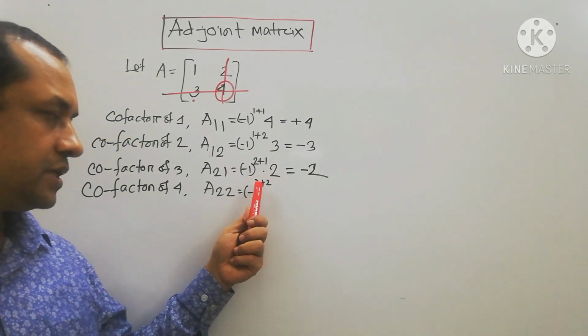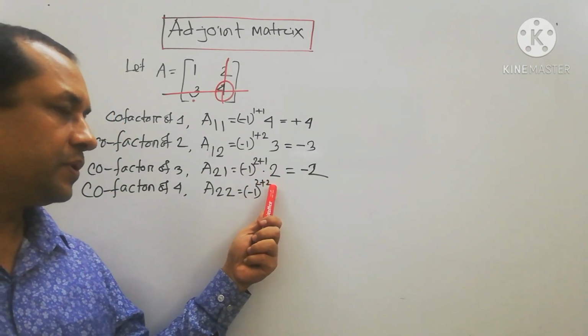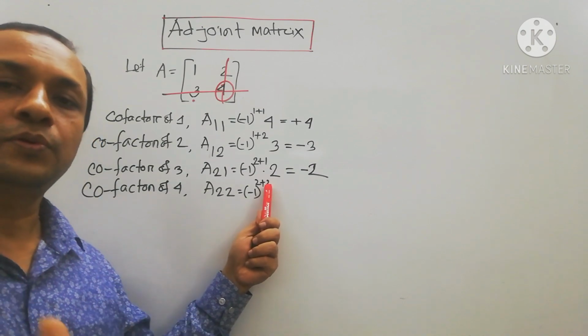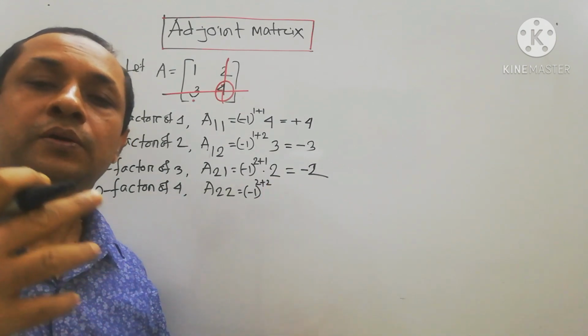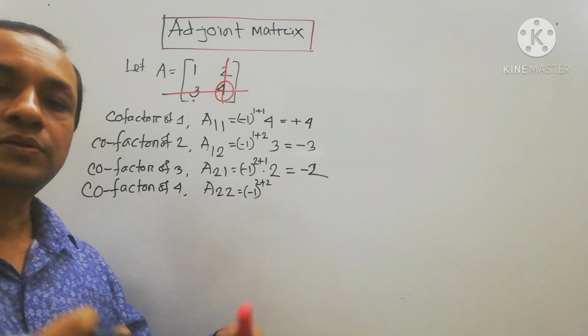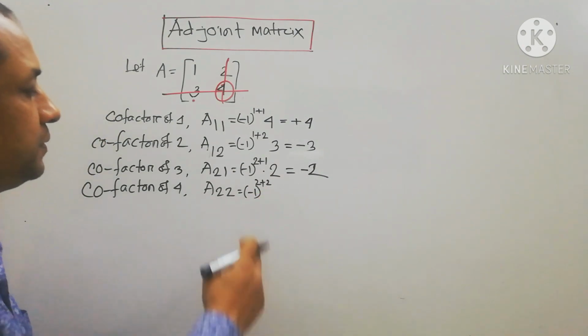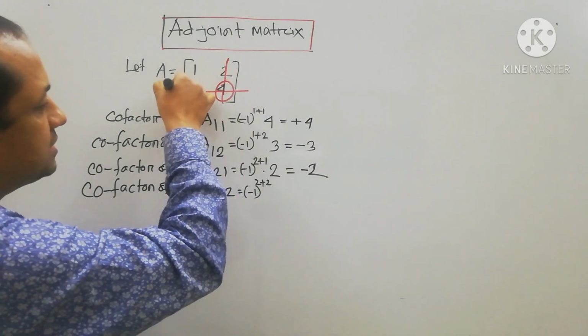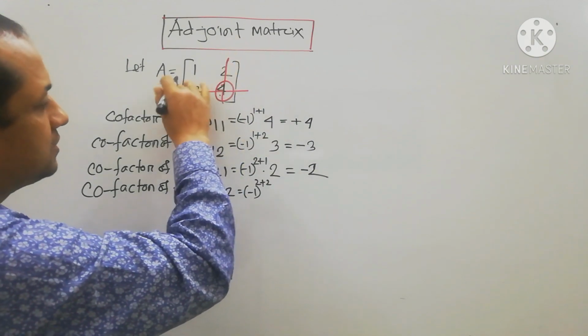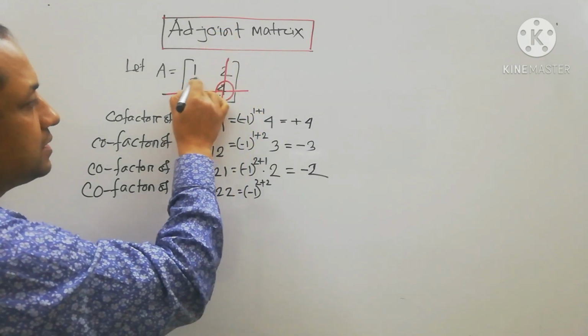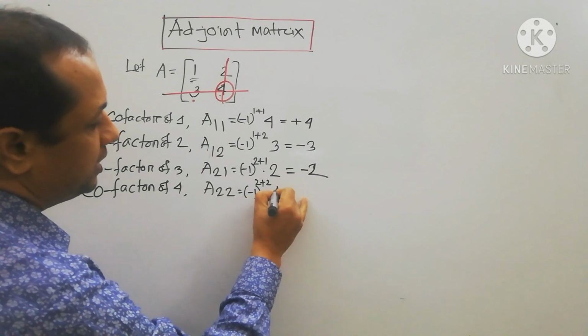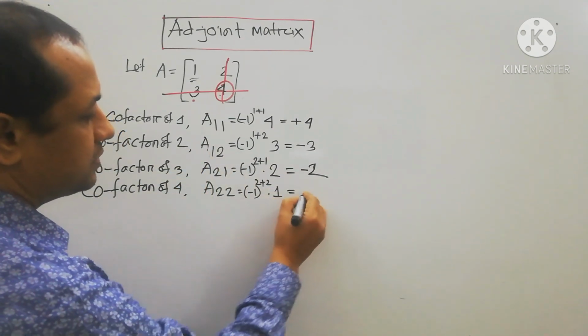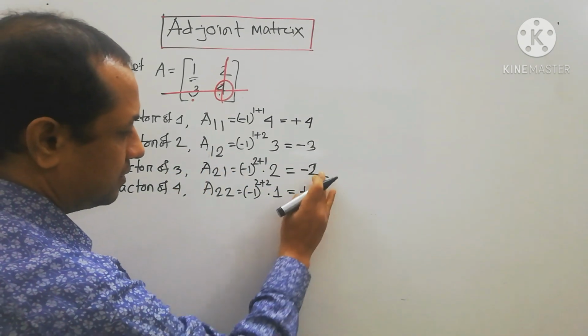Attention please student, here the sum of number of row and number of column is an even number, so the cofactor is positive. Now the position of 4 is second row and second column, so second row and second column are cancelled, so here the minor is 1. Now the cofactor is plus 1.